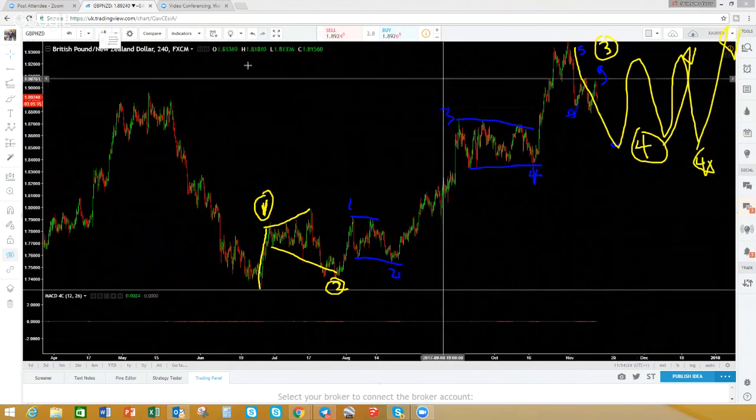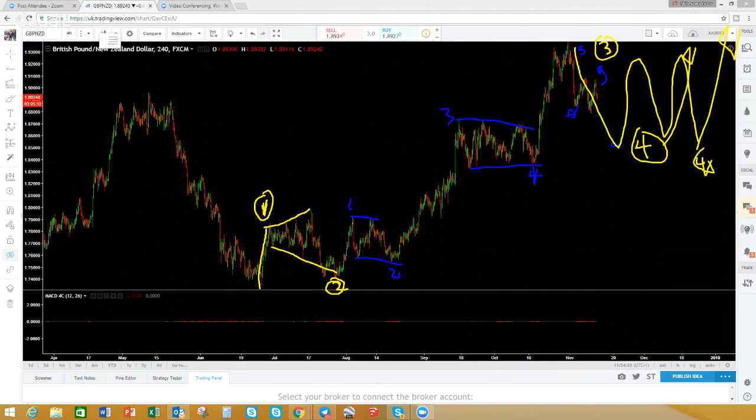Okay, and also here, I've shown this one before. Let me just show it again because I like this kind of corrections. You get an impulse here, and that impulse gets corrected, with a different color. Let's get a pink over there with a 1, 2, 3. What happens after the correction? You get another impulse.